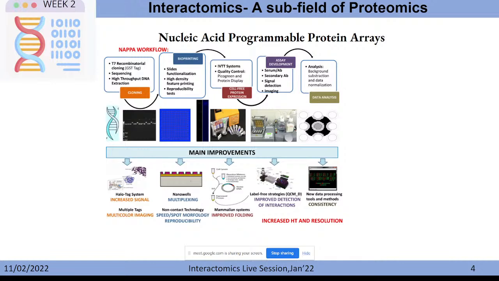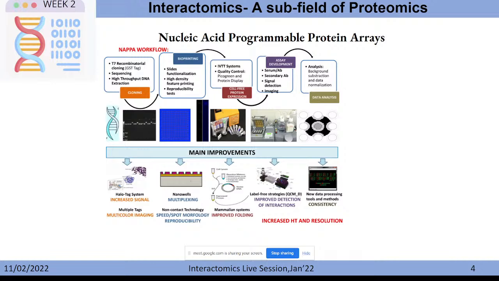When you are performing a particular assay, if there is any difference between your normal and the disease condition, you can know that it is not because of a printing error, but because of an actual biological difference. Then you will go with the assay development. So these three steps are on the basis of the printing of the chips, the quality control, and identifying all those clones and all the purified DNA template.